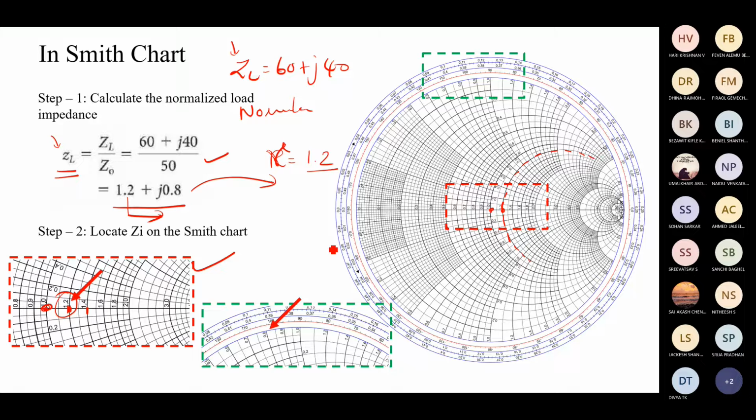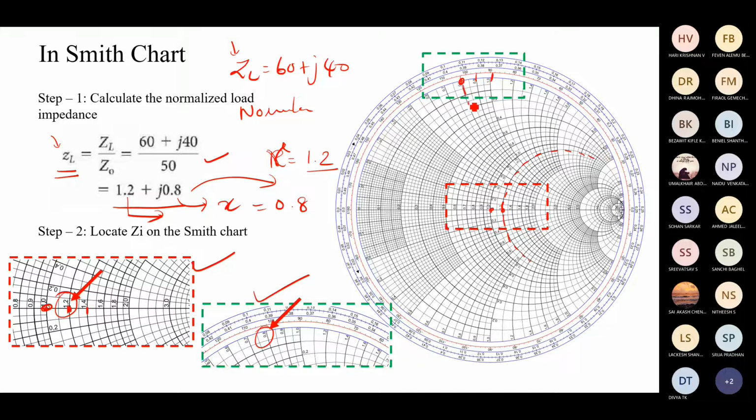Next we have to look for the imaginary part, that is x. The x value is 0.8. Approximately 0.8 will come here, zoomed here. You can see the values 1, 0.9, 0.8, so this is the point.